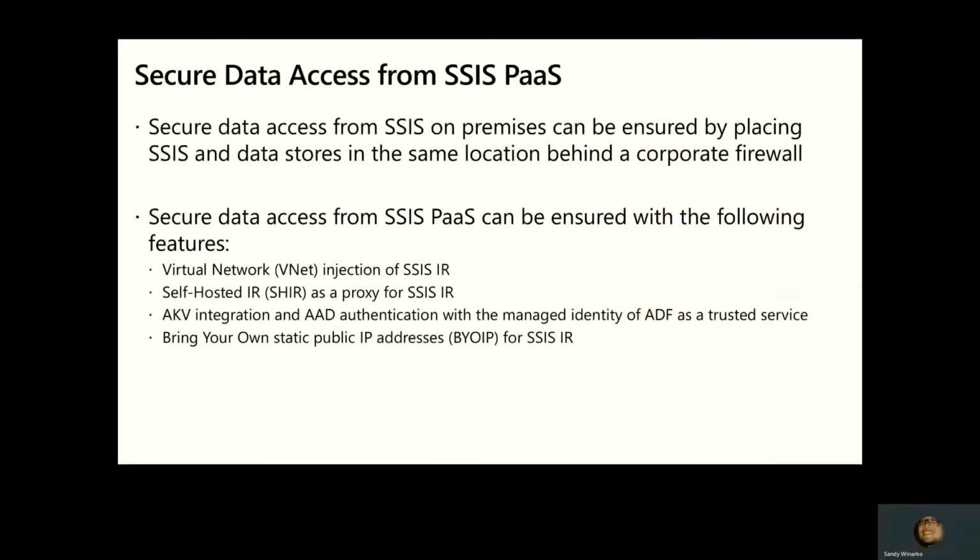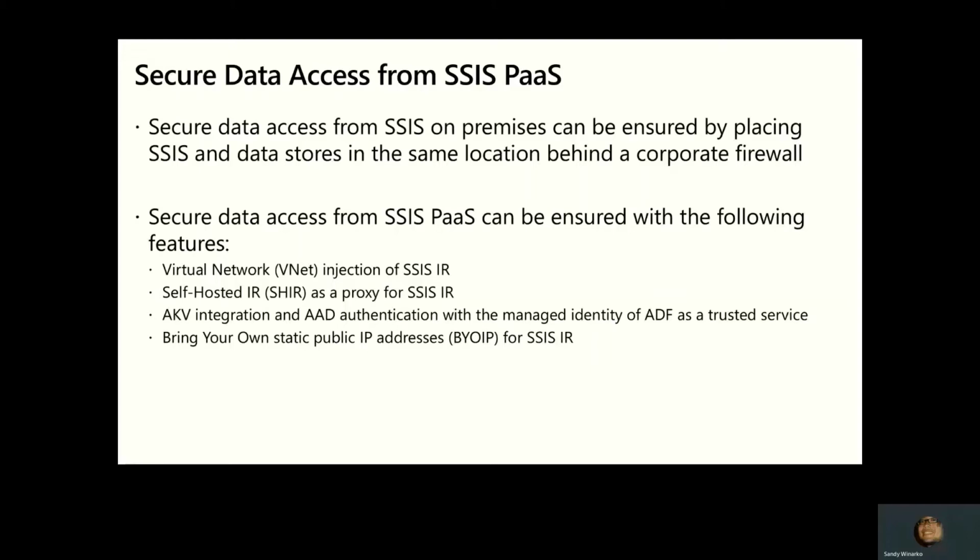As most of you know already, secure data access from SSIS on-premises can be ensured by placing the SSIS engine and data stores in the same network behind a corporate firewall. Secure data access from SSIS PaaS, which is essentially SSIS Integration Runtime, or SSIS-IR, in Azure Data Factory, or ADF, can be achieved via several features.